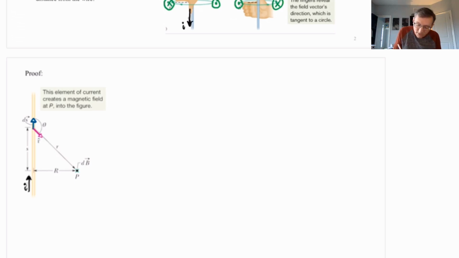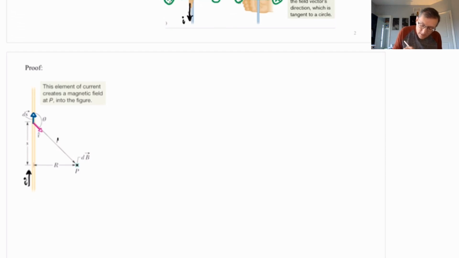All right, we've also just shown the distance, little r, from that element ds to the point P, where we're going to find the field, and the unit vector r hat that points away from the element along r towards P. Notice the angle theta is marked, which is merely the angle between ds and r hat.